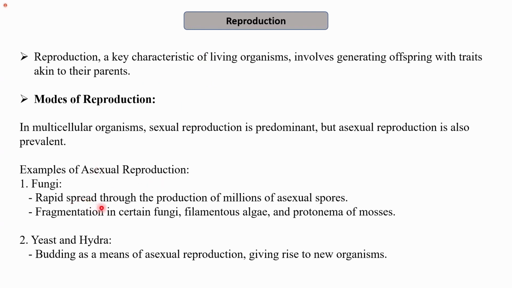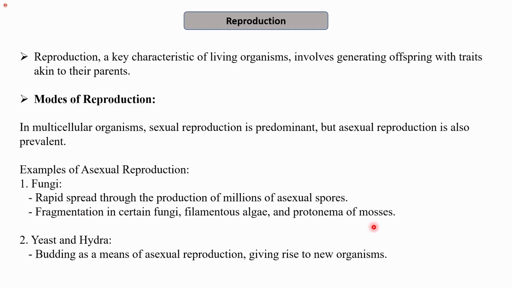The rapid spread through the production of millions of asexual spores leads to the production of new offspring in fungi. Fragmentation in certain fungi, filamentous algae and protonema of mosses also leads to reproduction.